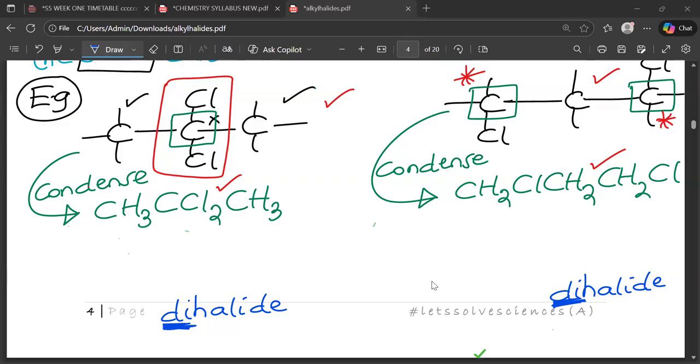What was I saying? Let me check in the chat, so that I can connect. But the other one has to be in adjacent carbon atoms. Of course, it has to be. Hey, people are already giving me answers.